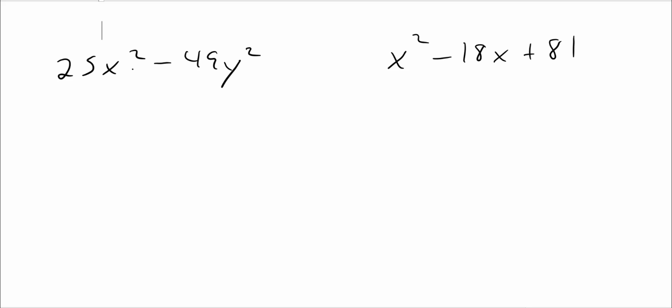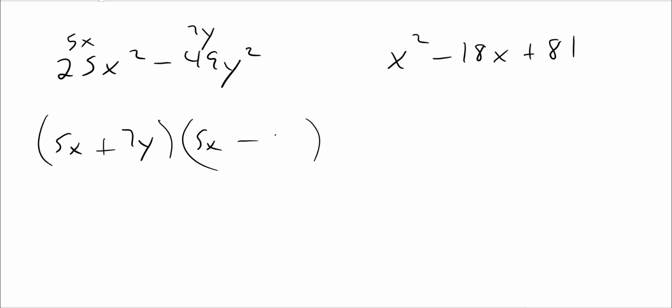Okay, so the first one's a difference of two squares. So the square root of 25 is 5, square root of x squared is x, square root of 49 is 7, square root of y squared is y. That's what you're going to put in the blank. Watch this. So plus minus. That's it, baby. So 5x, 7y, 5x, 7y. That's your answer.